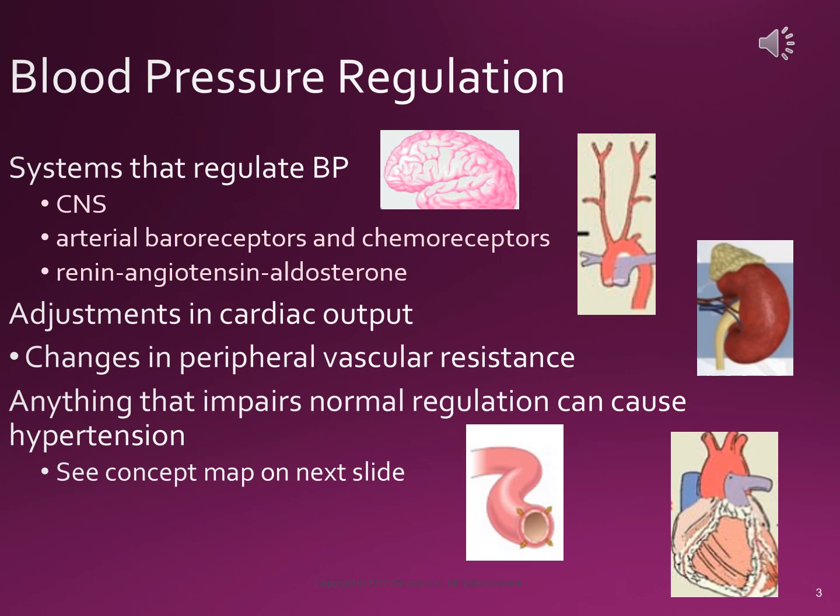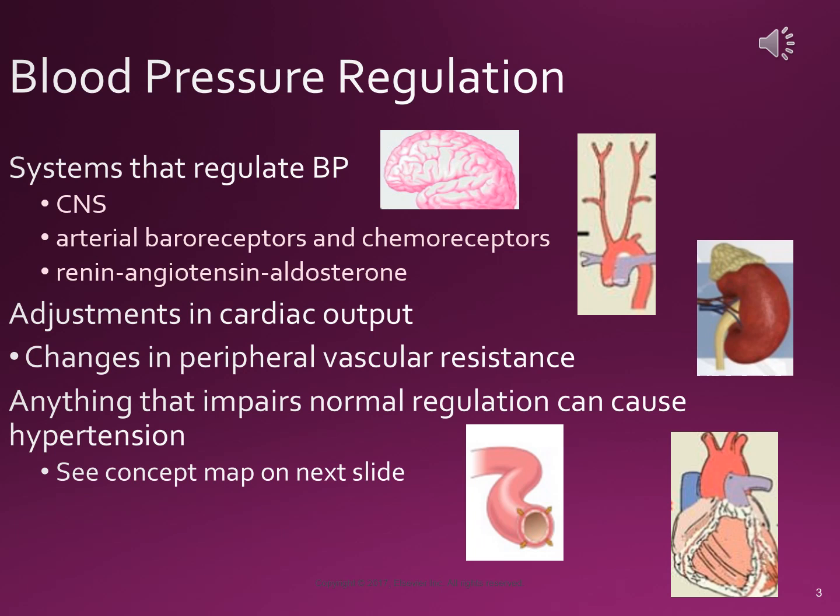Systems that regulate the blood pressure are the central nervous system, your arterial baro and chemoreceptors, and your renin, angiotensin, aldosterone system. Those all regulate blood pressure either directly or indirectly by influencing blood volume.